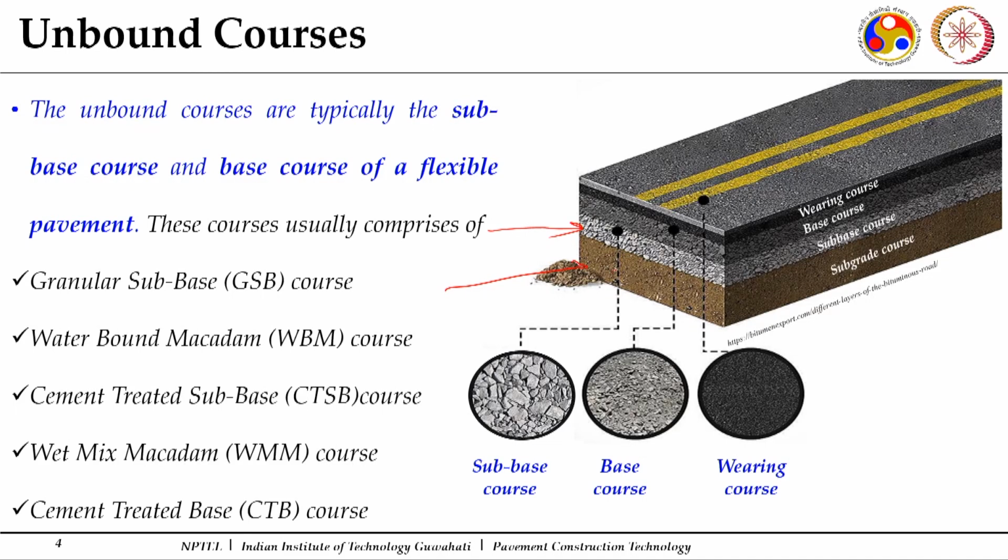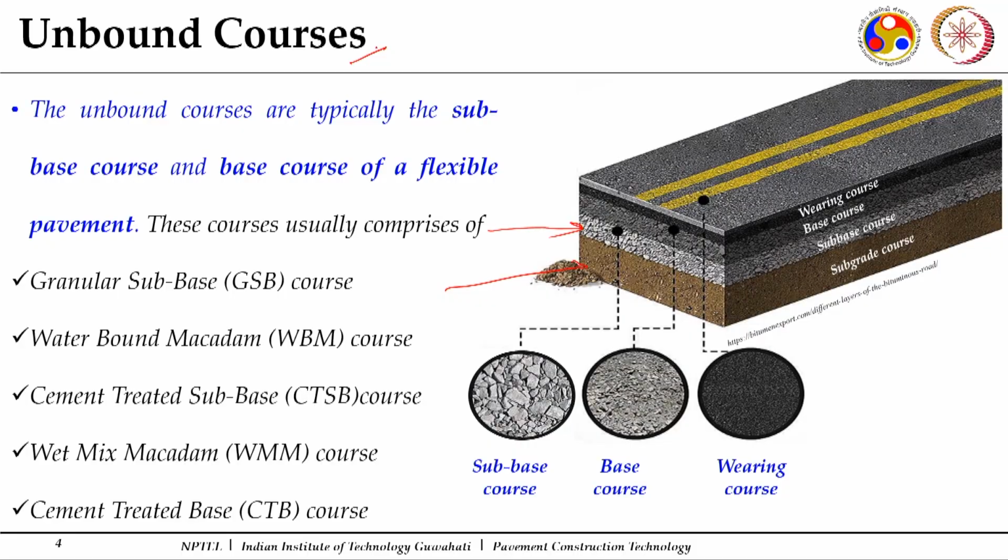The one which comes immediately above the compacted subgrade is called the subbase course. We call them unbound courses because traditionally we don't use any binding material. We will also discuss certain courses which are used with some binding material, but the conventional practice is that no binding material is used in the granular courses, and that is why they are called unbound courses.